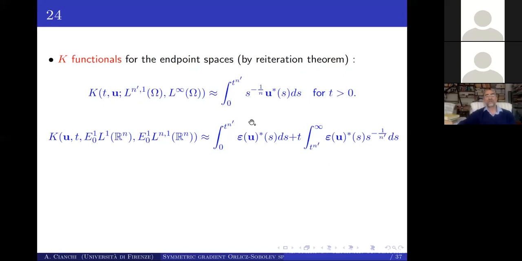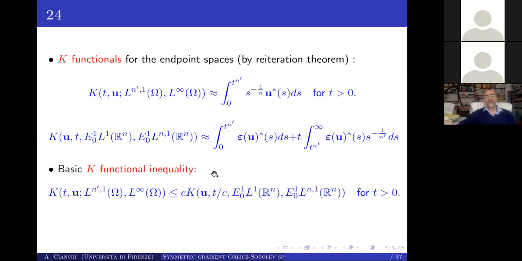Anyway, these two expressions can be derived, and then there is a basic key functional inequality, which is the main reason why these key functionals are used in interpolation, which tells that if one has an operator, linear or sublinear, in our case the identity, which is mapped between a couple of spaces and another couple of spaces, then there is a pointwise inequality for all functions and all parameters t between the key functionals of the corresponding target and domain spaces.